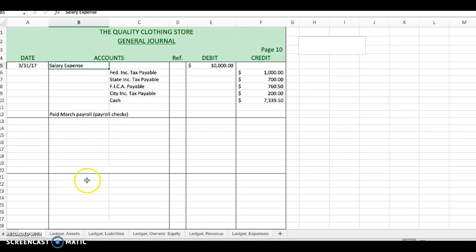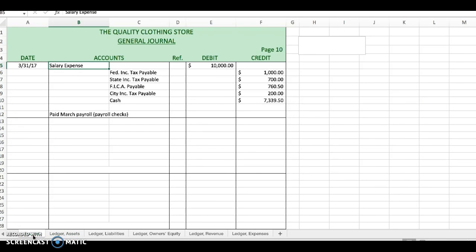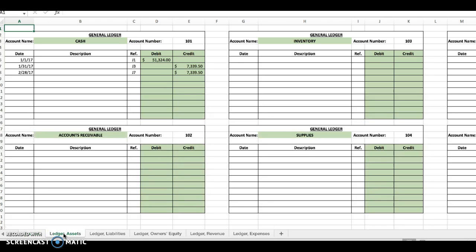And let's take a look at the ledger at this point. Under the assets, this is at the tab at the bottom. If you notice, we tab back, we see the journal, and if you look at where I am here, you see the ledger with the assets. And the first one I'm going to show you is cash. And obviously, there are a lot more entries in cash than we are showing here, simply to make it simple for you.